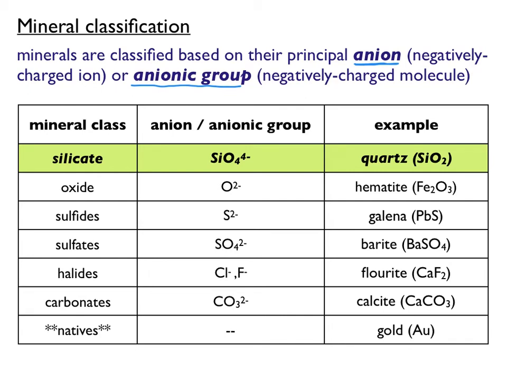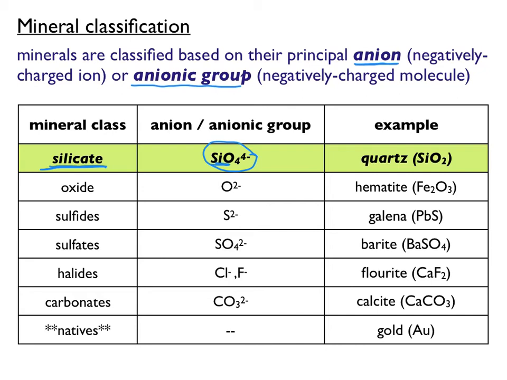Far and away, the most abundant mineral class on planet Earth are called silicate minerals. And every silicate mineral formula will end in SiO, because it has as its fundamental building block this anionic group that creates the mineral structure.